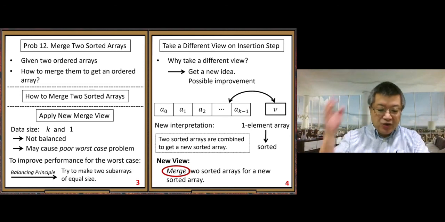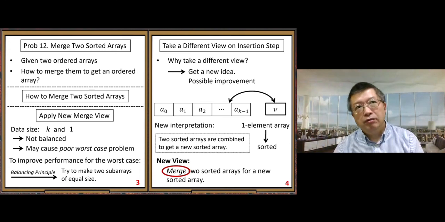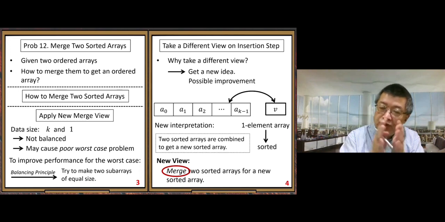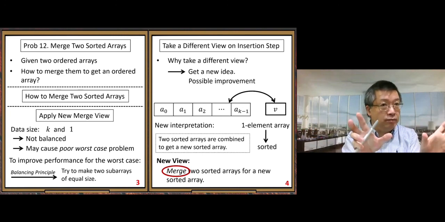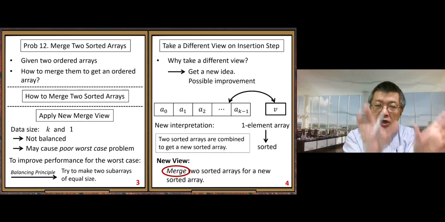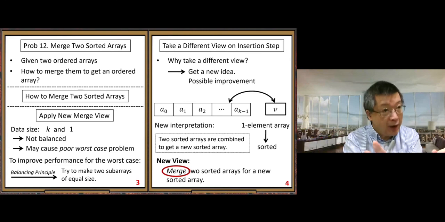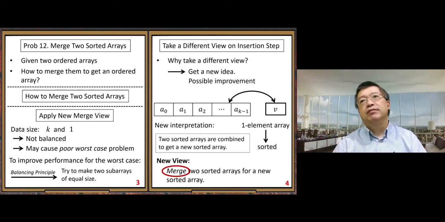Try to make two subarrays of equal size. Because we have options when we split the original array into two subarrays, we have many different ways to do the split. When we have that freedom to do the arrangement, we will do the most balanced split. That's the essence of this method.